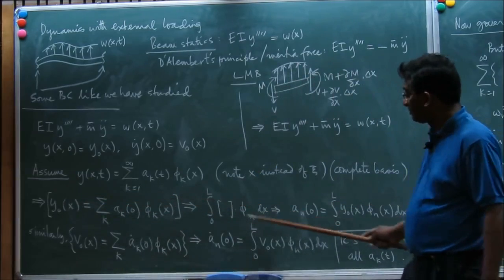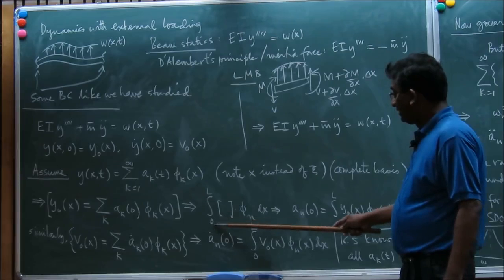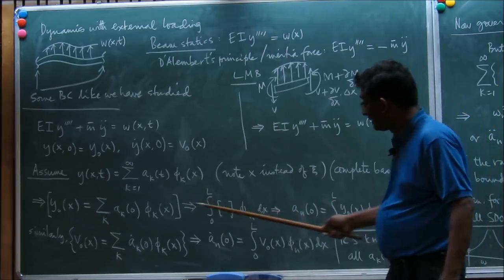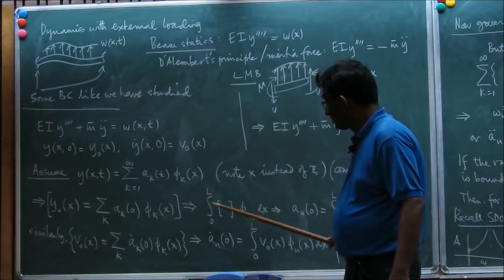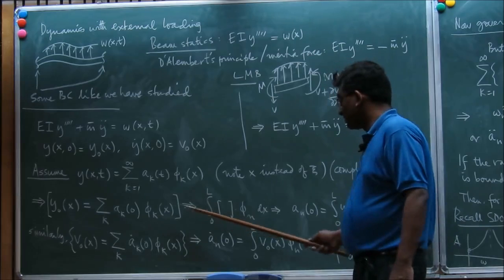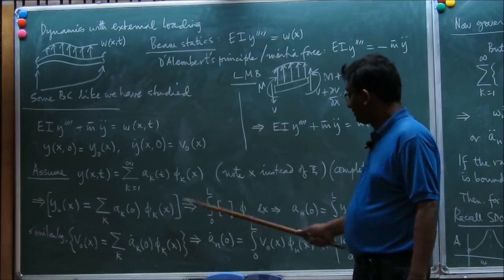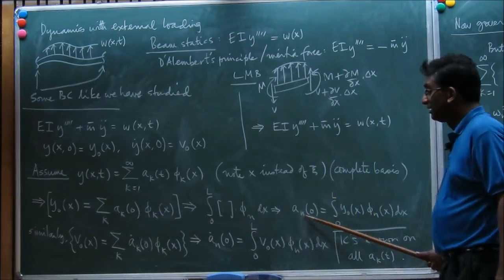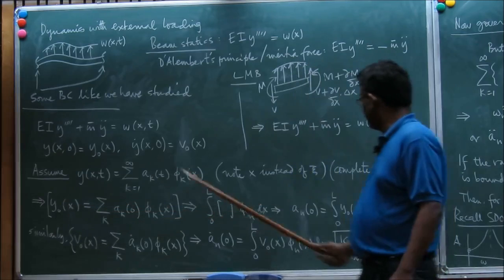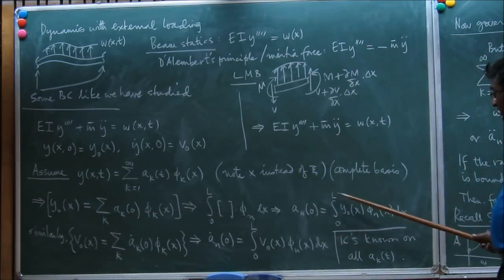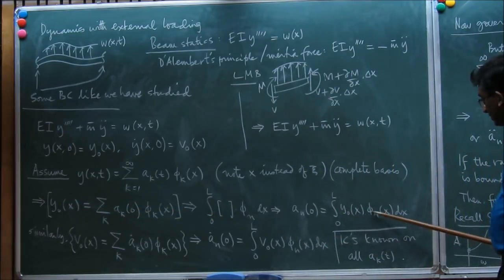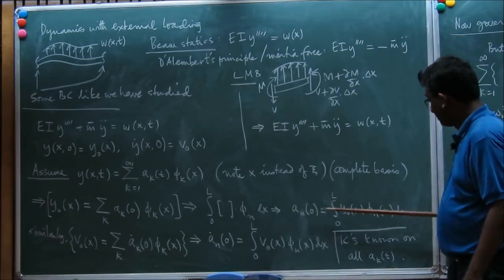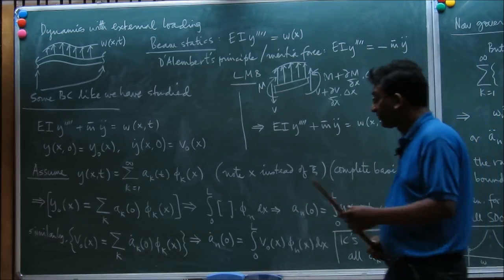What I do is multiply by phi n of x and integrate from 0 to L. Because of my orthogonality, the integral of phi k times phi n is 0 unless k is equal to n, and when k is equal to n, the integral is 1, so it gives me just a n of 0, that's here. And on the left hand side, y0 of x comes out over here, integral from 0 to L, y0 of x times phi n of x. I have to find this integral, there is no escape. Once you find it, that's the initial condition.